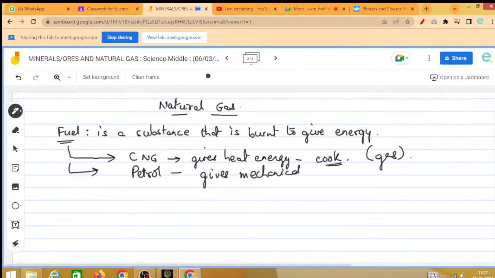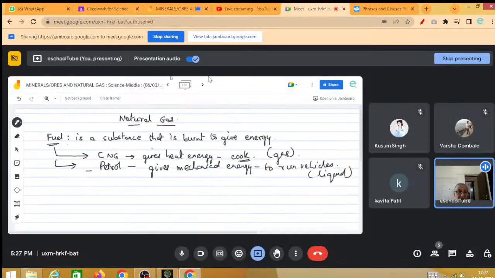What is it used for? To run vehicles. So it is not a gas, but it is a liquid. So fuel could be a gas or a liquid. Okay, understood? Give me a thumbs up quickly if you've understood what fuel really means. Yukti, understood what fuel is? No, not understood.